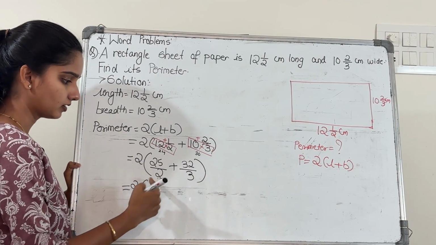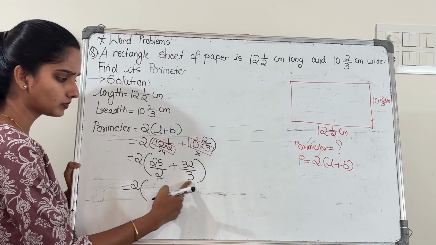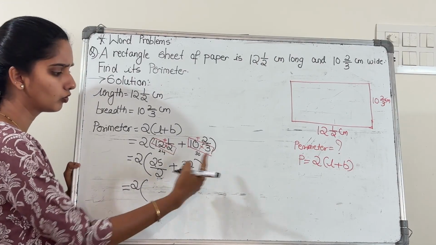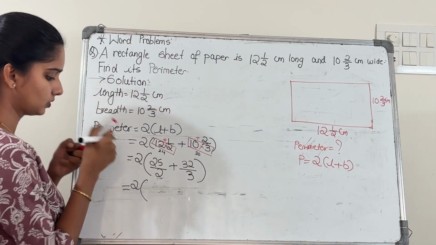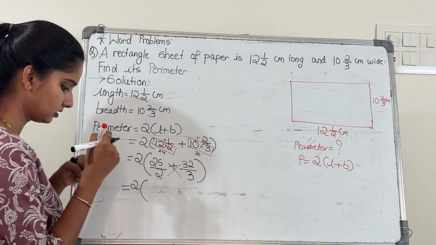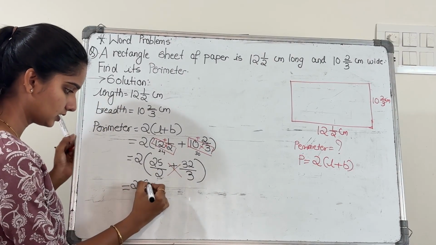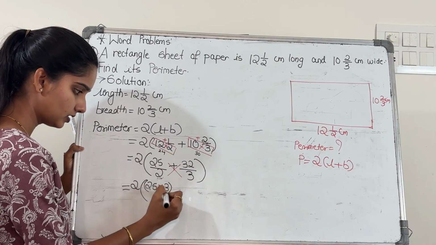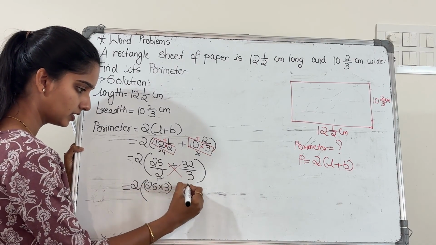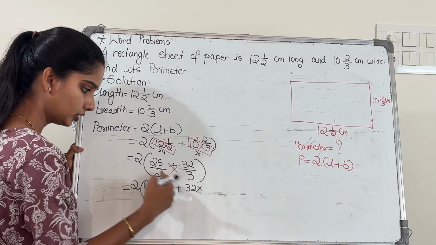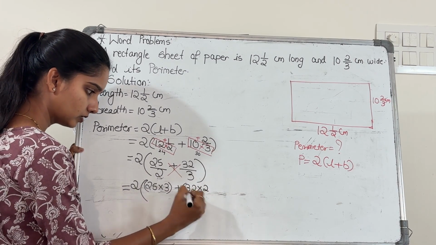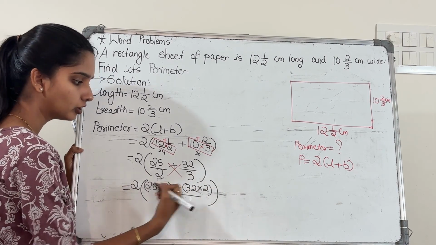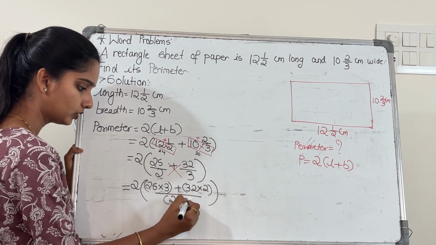Either you go for cross multiplication or you go for LCM. I'll go for cross multiplication. So it is 25 multiplied by 3, plus will come as it is, similarly 32 into 2, and the denominator is 2 into 3.